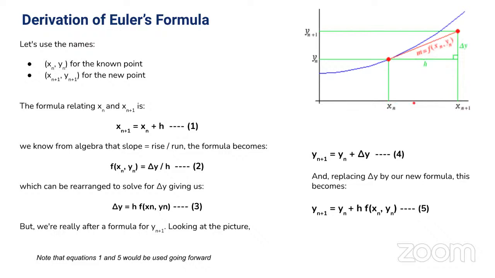That essentially means how long we stepped to the right. In this presentation, it will be represented as h. So h is your step size, while the difference between y of n plus 1 and y of n will be represented as change in y or delta y.